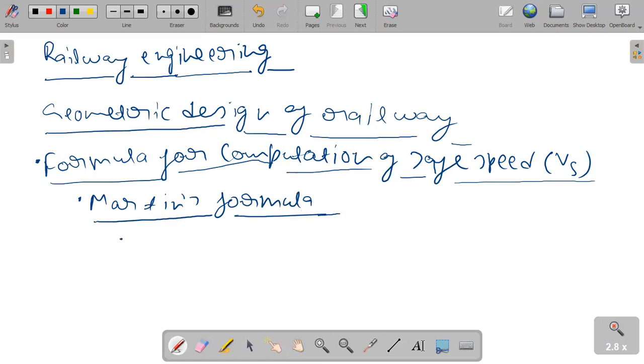In Martin's formula, we first discuss the condition for speed on a transition curve.